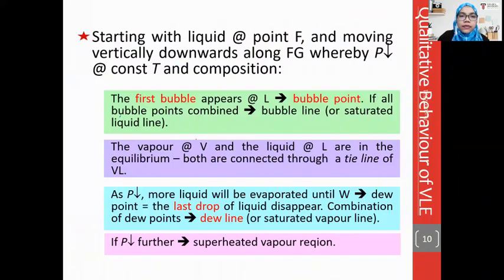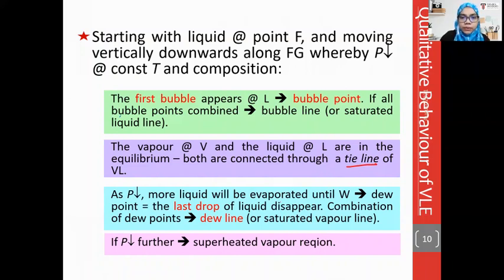The vapor and the liquid are in equilibrium, both connected through the tie line, so they have the same temperature or pressure, depending on the type of diagram, whether we fix temperature or fix pressure. As we decrease the pressure, more liquid will evaporate until the dew point.